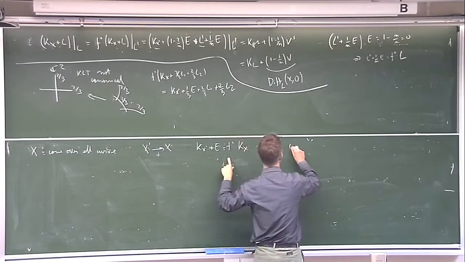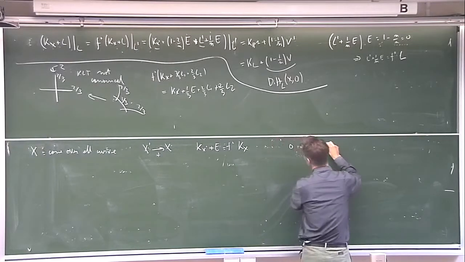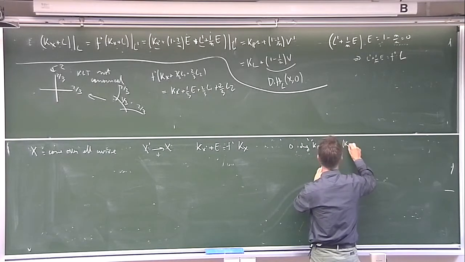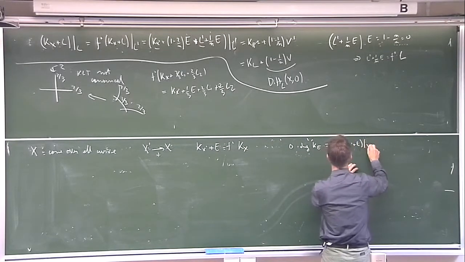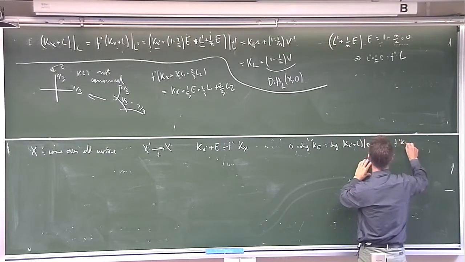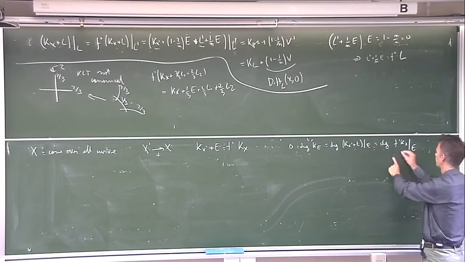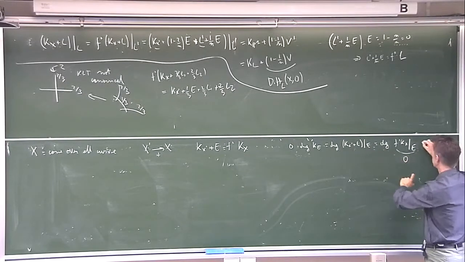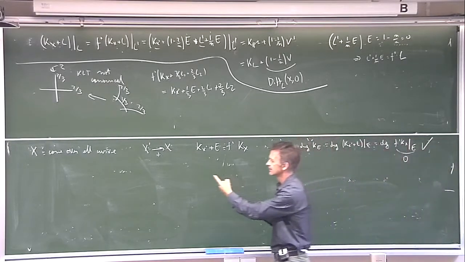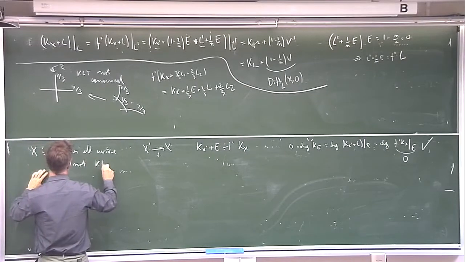Because 0 is the degree of the canonical class of my elliptic curve, which should be the degree of (K_{X'} + E) restricted to E, which should be the degree of f^*K_X restricted to E. Oh, wait a second. E maps to a point, so this pullback is 0. The degree of 0 is 0. I was right. OK, so this tells you that this is a singularity which is log canonical, not KLT.